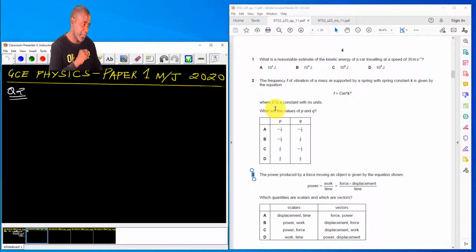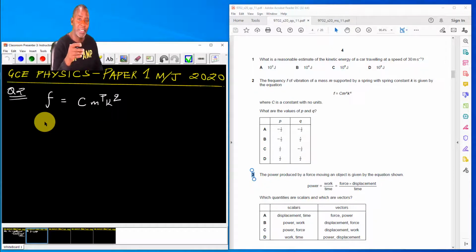For example, here, we are given frequency is equal to a certain constant C, then we've got mass raised to power P, and we've got k raised to power Q. We know the SI unit on this side. The SI unit on this side is Hertz. But although Hertz is an SI unit, it is not an SI base unit.